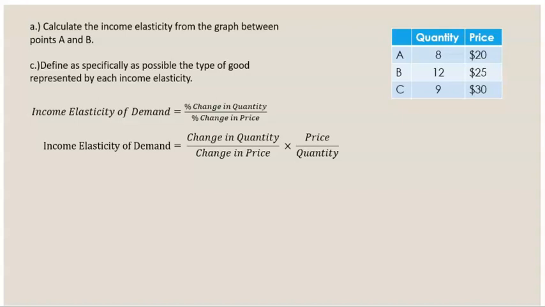That is the same as saying percent change in quantity divided by the percent change in price, but it is easier to put your numbers in, just plug and chug. So if you're comfortable with the answer, don't hit pause. If you would like to work on this, hit pause.